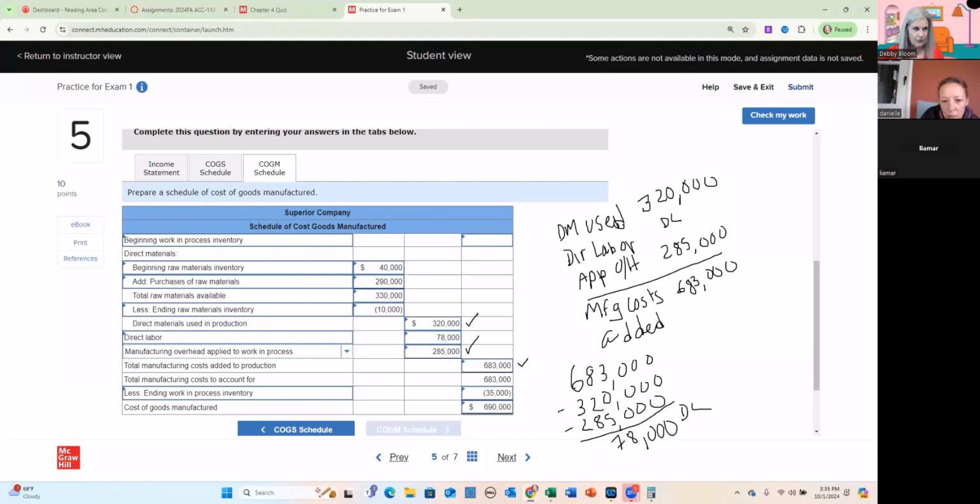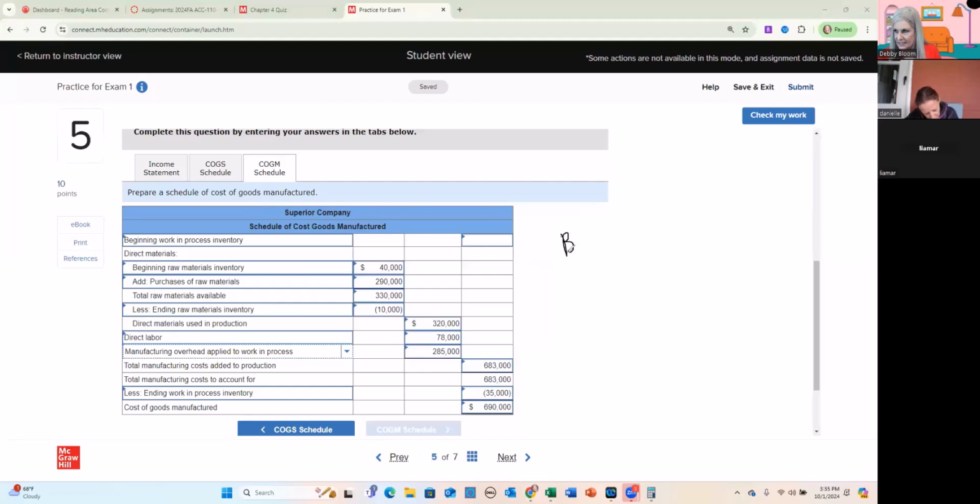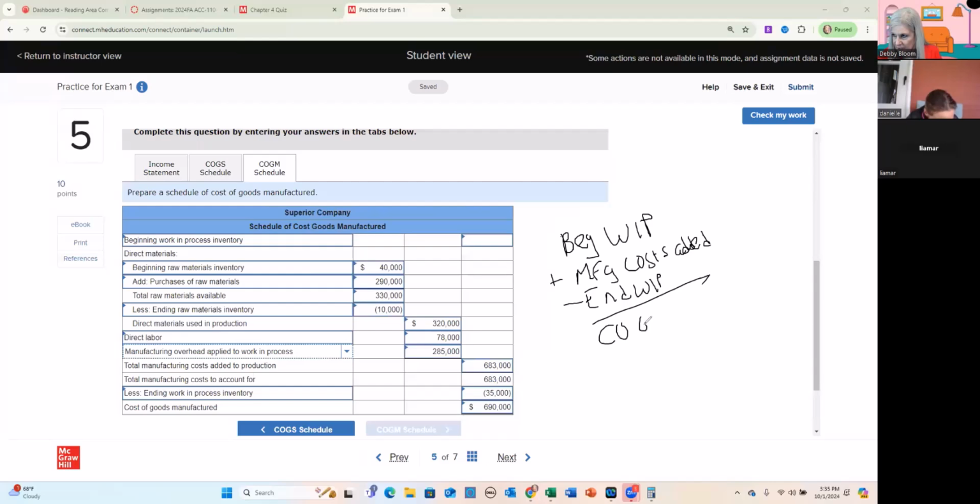So the last formula that I need: can I erase all of these now? Yes. So the last formula is beginning work in process, add manufacturing costs added to production, subtract out the ending work in process, and that's going to equal cost of goods manufactured.